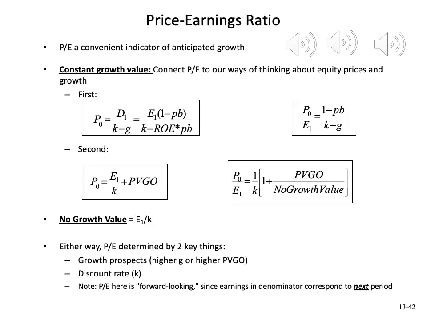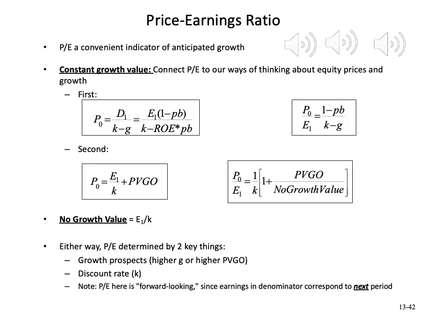Either way, in both formulas we showed you the P/E ratio is determined by two key factors: growth prospects, G, or present value of the growth opportunity. Higher growth rate, G, or higher present value of the growth opportunity will lead to higher P/E ratio. Discount rate, K, is the second factor. Higher K, because K is in the denominator, will lead to lower P/E ratio.